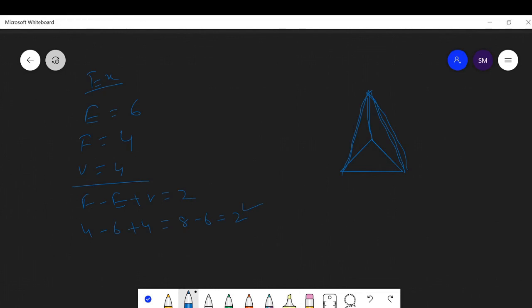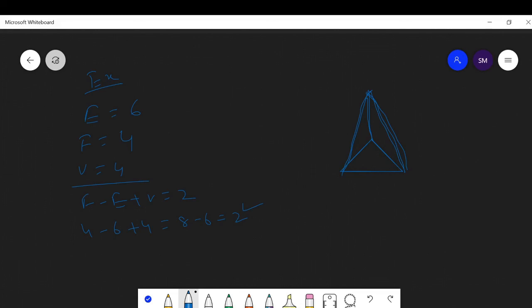Here another question is given. Find how many vertices are there in a cuboid. When a three-dimensional figure is given, you just close your eyes and imagine the figure in your mind. Then you can calculate, because every time you cannot draw the figure properly.